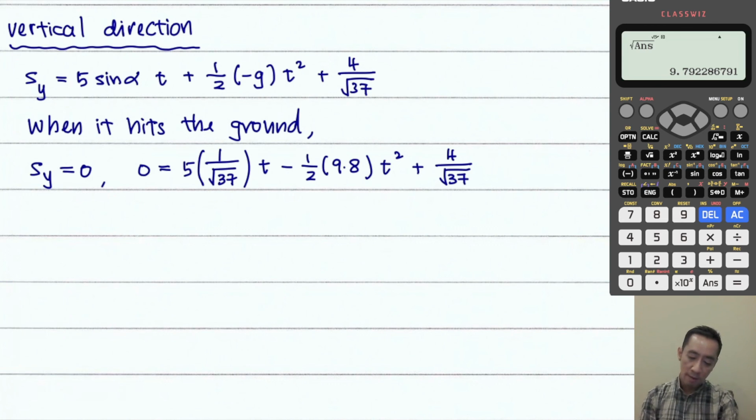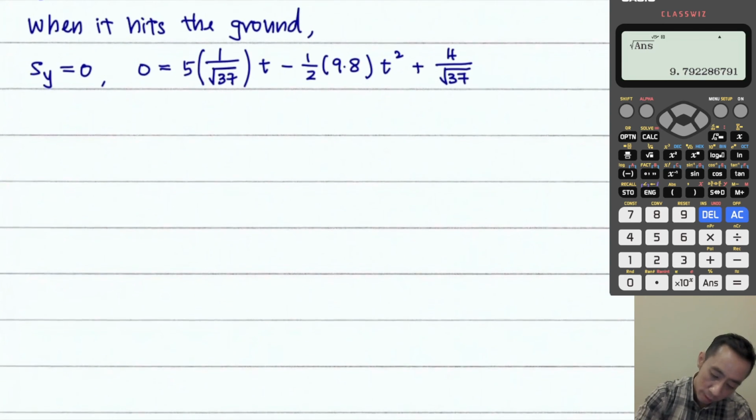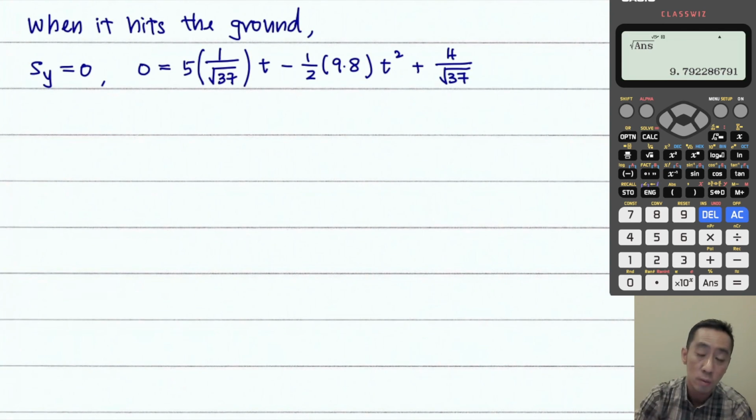Basically, I have a quadratic equation. I'll bring everything over to the other side, because I prefer the coefficient of t squared to be positive. 1 over 2 times 9.8, so 0.5 times 9.8, is 4.9.